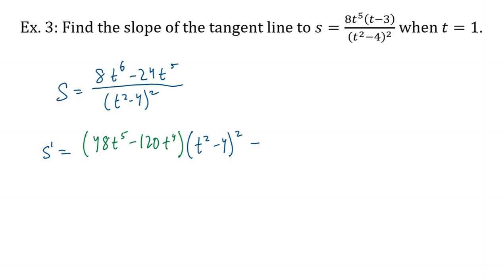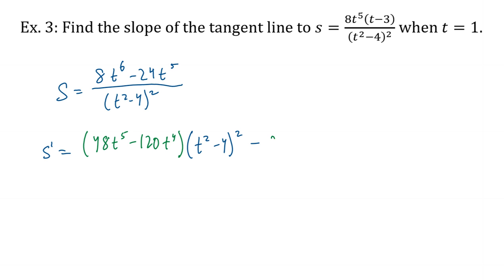What do I have to do for the derivative of the bottom? Megan? Bring the 2 up front and then multiply the function by its derivative, by the derivative of what's inside. Power of a function, we call that rule. It's got another name called chain rule, which we'll talk more about at another time. So, very good.